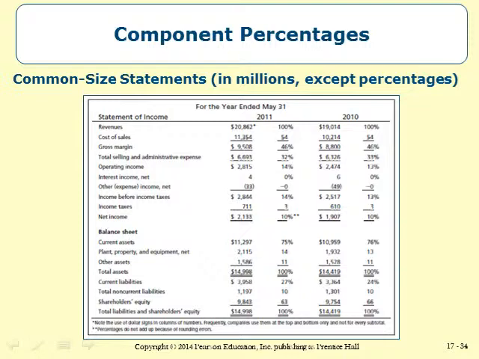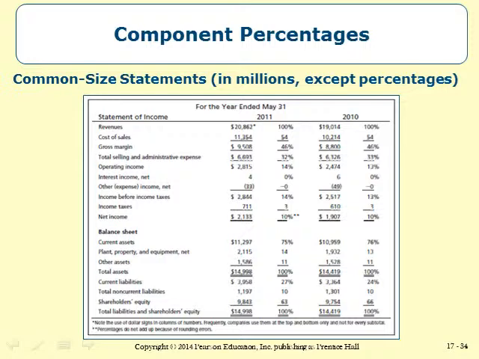The gross margin of $9,508,000 is 46%. The total selling and administrative expenses as a percentage of revenue is 32%. And we do that same calculation for 2010, calculating the percentages of cost of sales, gross margin, selling, general, administrative, operating income, interest expense, etc., each as a proportion of revenues on the income statement. And this allows us to get some comparability between years.